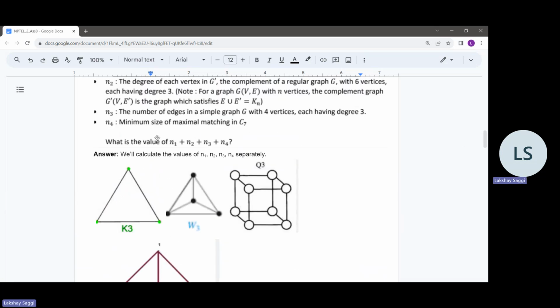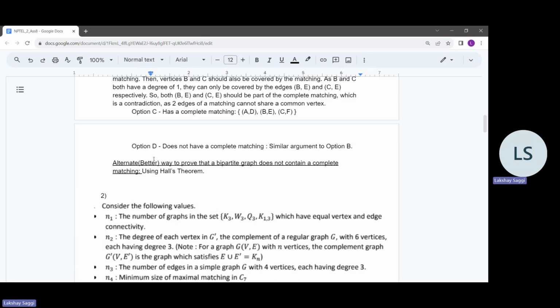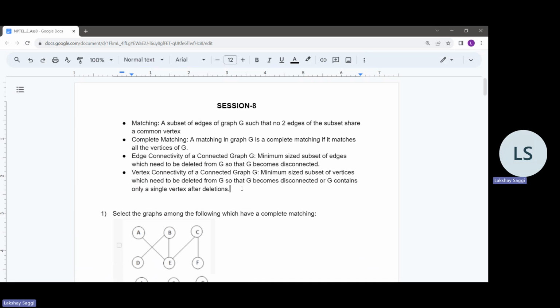Now they want to find the minimum size of maximal matching. Maximal matching must have also been discussed in the lectures. A maximal matching is nothing but a matching in which no further edge can be added to extend the matching. Maybe I should write down this definition also.